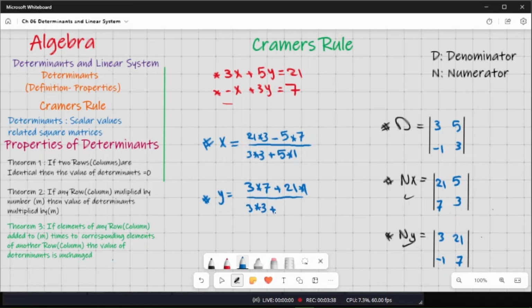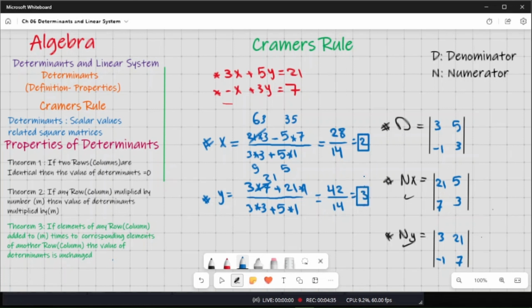So we have 35, 9, 5, and x will be equal to 28 by 14 equal to 2, and y equal to 42 by 14 equal to 3.